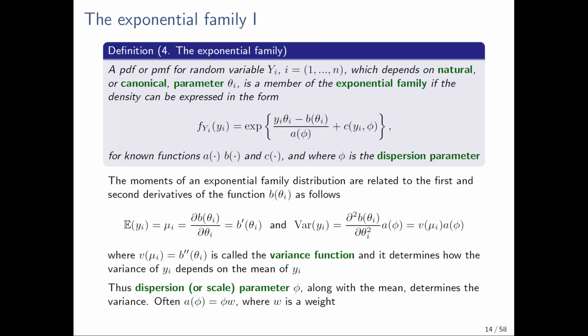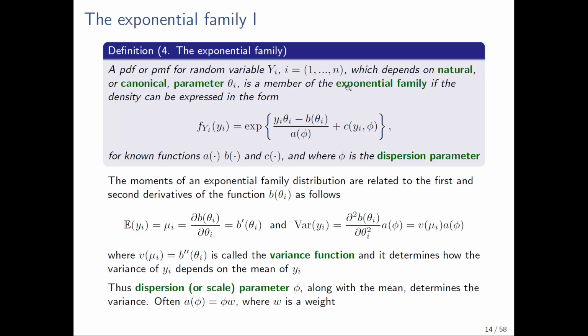That is, the exponential of (yi theta i minus b of theta i) divided by a of phi, plus c of yi and phi, for known functions a, b, and c, where phi is called the dispersion parameter. So we need our probability distributions to be able to be written in that form.